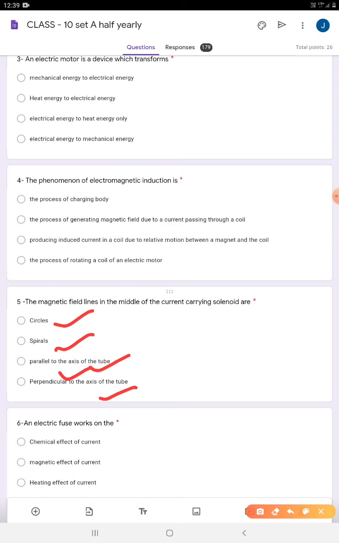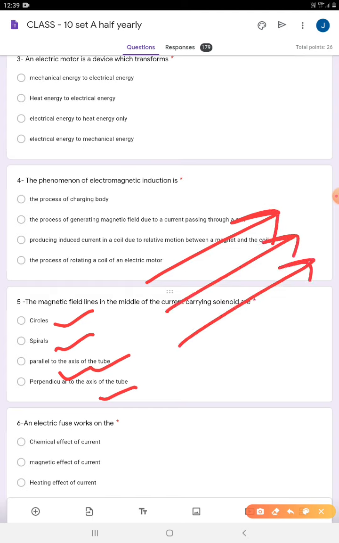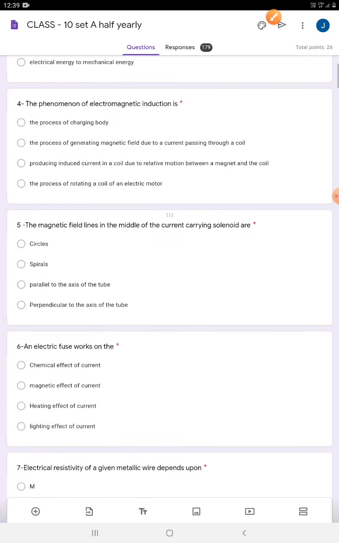As we know, when there is a uniform magnetic field, we can show that with parallel lines like this one, parallel to each other. This representation of magnetic field shows a uniform magnetic field. Okay, so in this question, in the current carrying solenoid case, the magnetic field will be parallel to the axis of the tube. Okay, now question number 6.